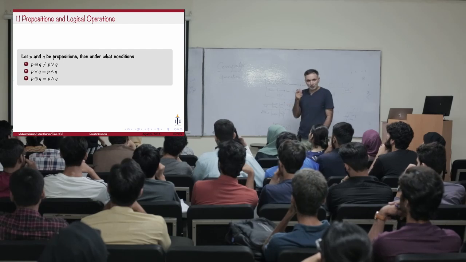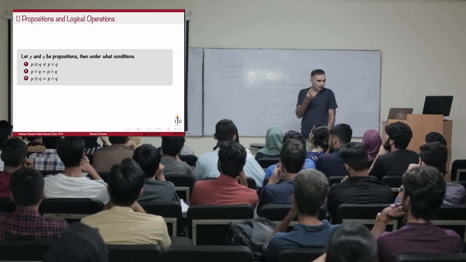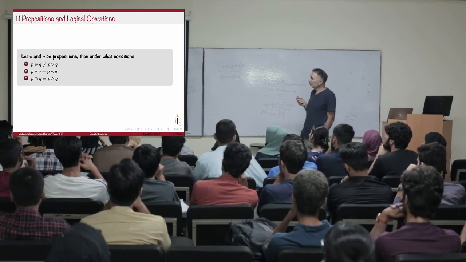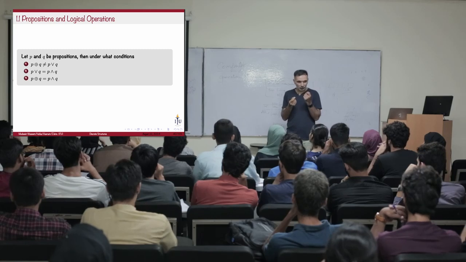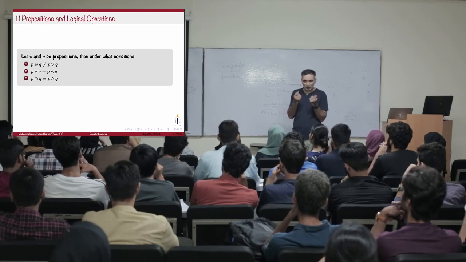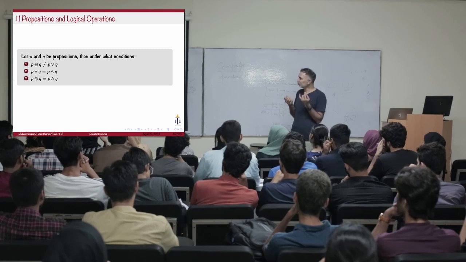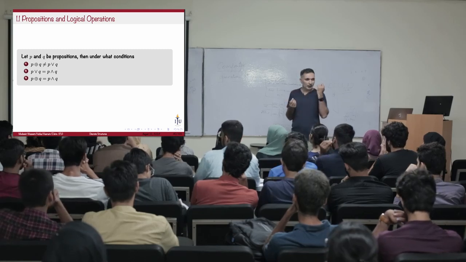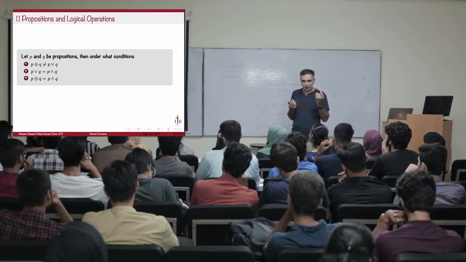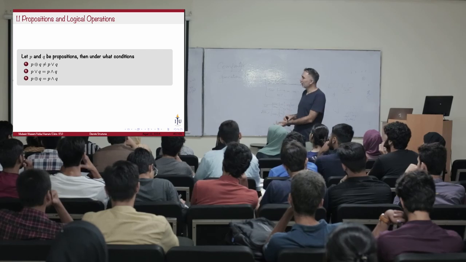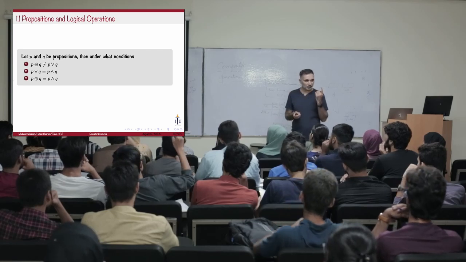So think of all possible things that could happen with P and Q. When P and Q are different, one of them is true and the other one is false, then in those cases we would get that P exclusive or Q is true, and P or Q would also be true. The other possibility is both of them are false.